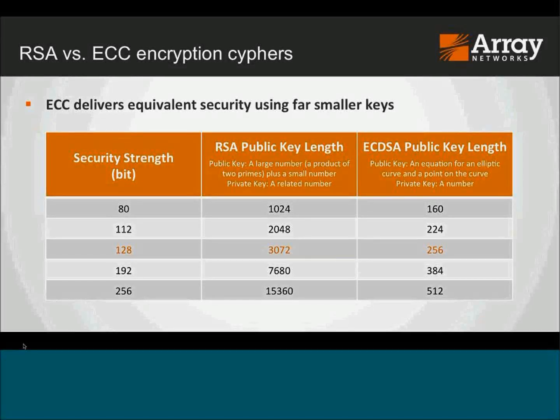Now, the interesting thing is the ECDSA public key numbers that I have on the right there. These are the ECC encryption ciphers, right? And you'll see that for the same level of security, for instance 128-bit security, whereas that required a 3072-bit RSA key, it only requires a 256-bit ECC key.